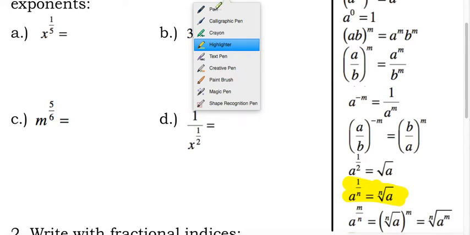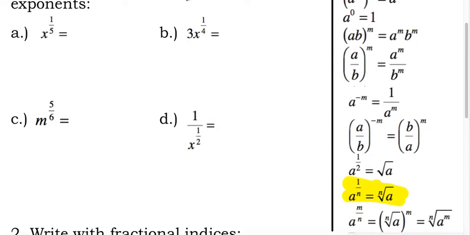So all we have to do is just put a little 5 out the front of the square root. So what we have is then the 5th root of x. Make sure you make this small, don't make it look like it's 5 times root x. It's the 5th root. Here be careful because only the x is to the power of 1/4.